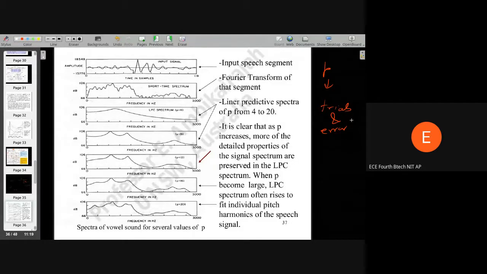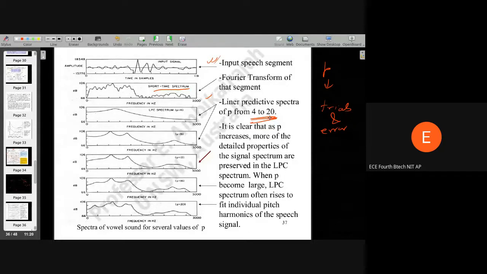So here is a speech signal and its short-time Fourier transform, and we are changing the value of p here to see what happens.